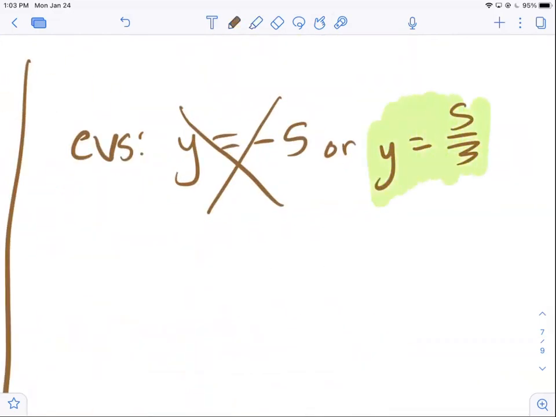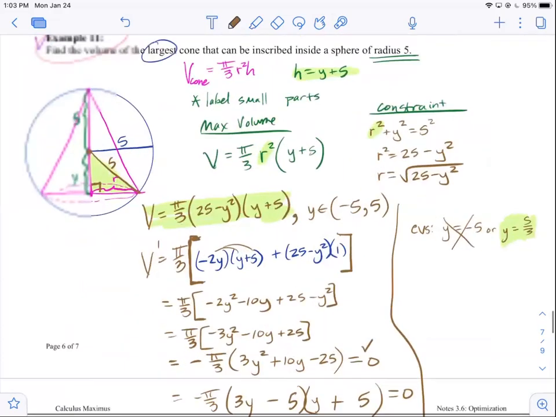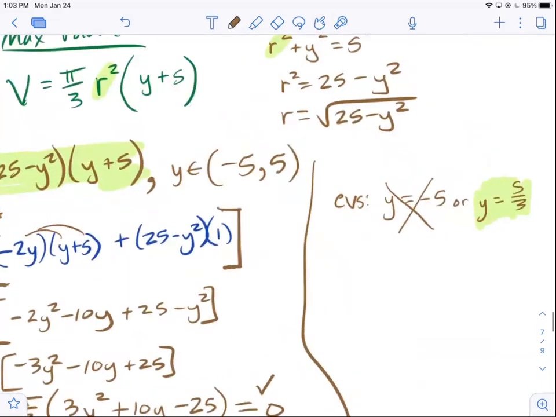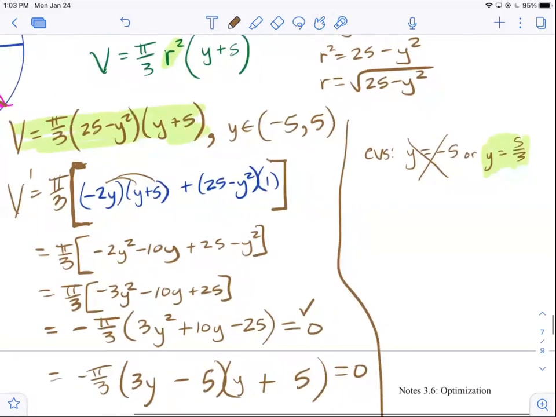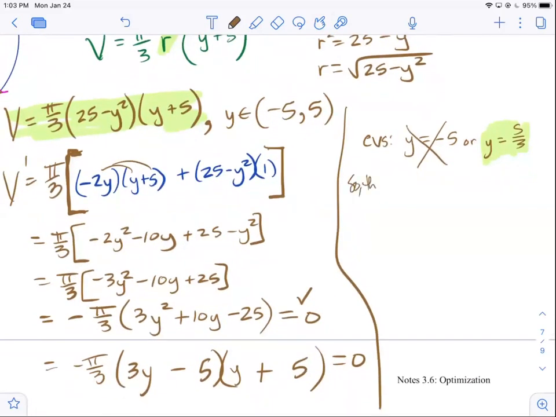And now from there, we answer the question, right? Find the volume of the largest cone. So in this case, we didn't want the dimensions. We wanted the volume. So the largest volume is, and I'm just going to plug it back into the highlighted volume, pi thirds times 25 minus 5/3 squared is 25 ninths times 5/3 plus 5.